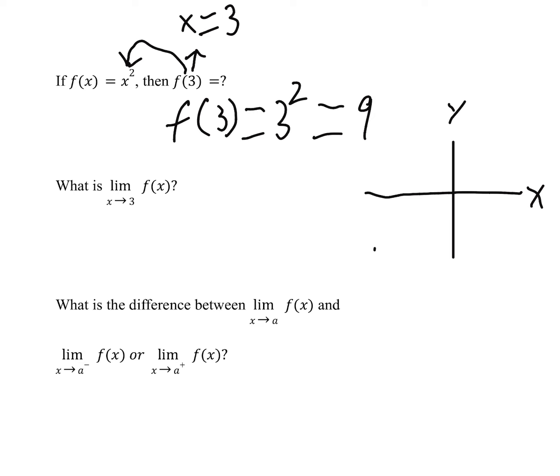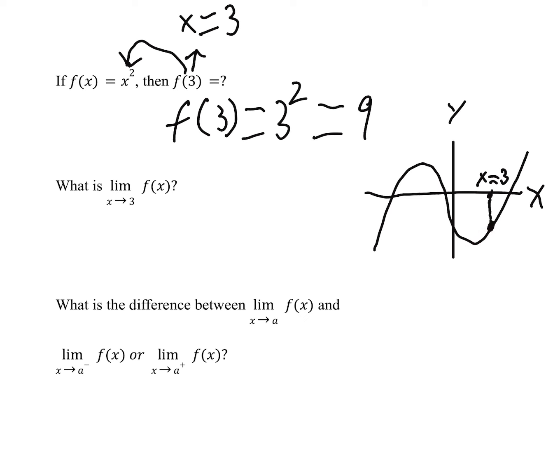So let me just draw maybe a random function here, and then let's say this is x equals 3. So you're looking at this point right here, and you're trying to get really, really close to this point, but never actually hit it, okay? So I can kind of approach that from the left and the right side.